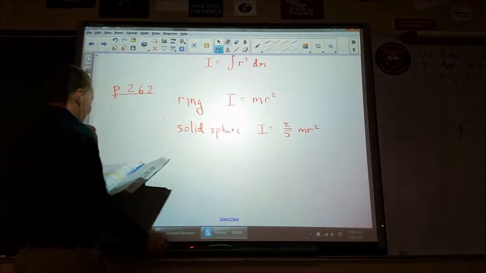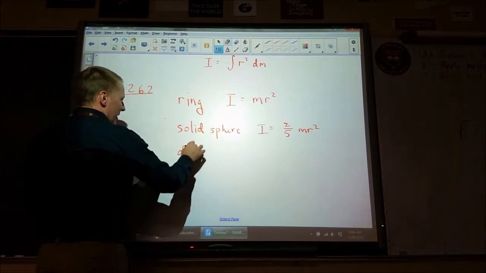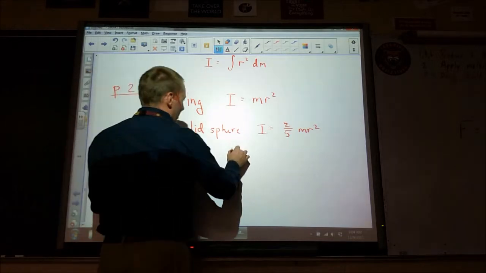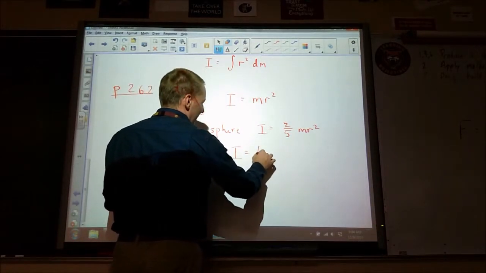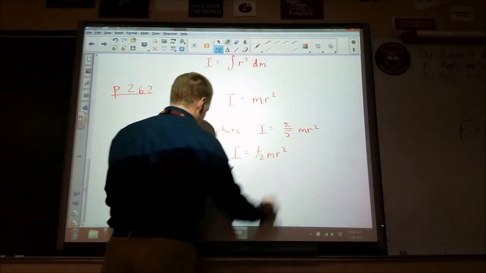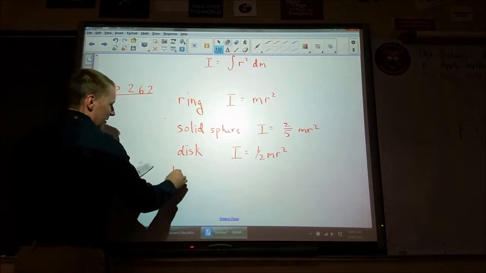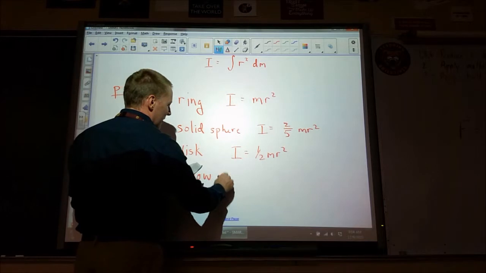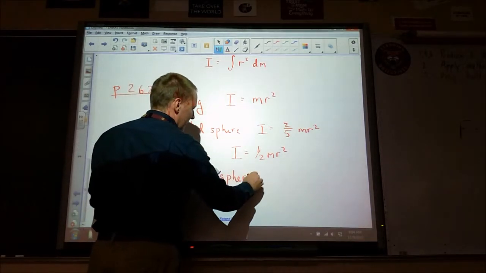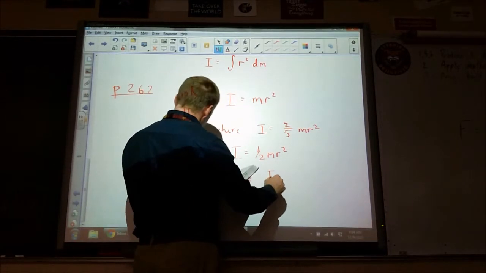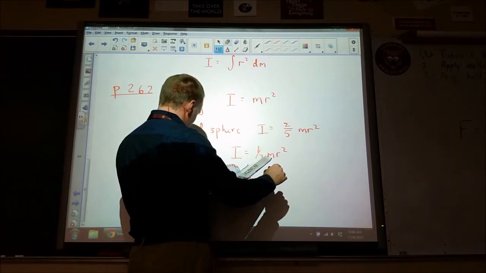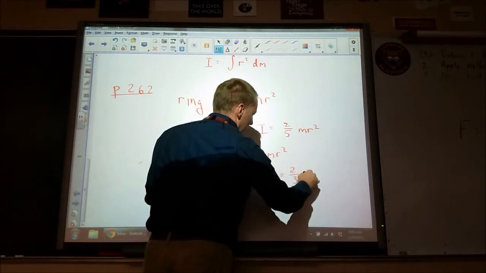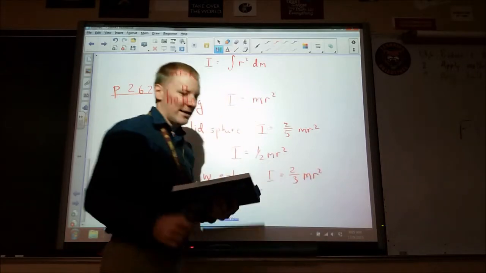If we have a disk, like the one that we rolled down against the hoop yesterday, we come up with I equals 1/2 mr squared. See, we have a hollow sphere, so this would be like a ping pong ball, tennis ball, something like that. It's 2/3. Okay, and on it goes.